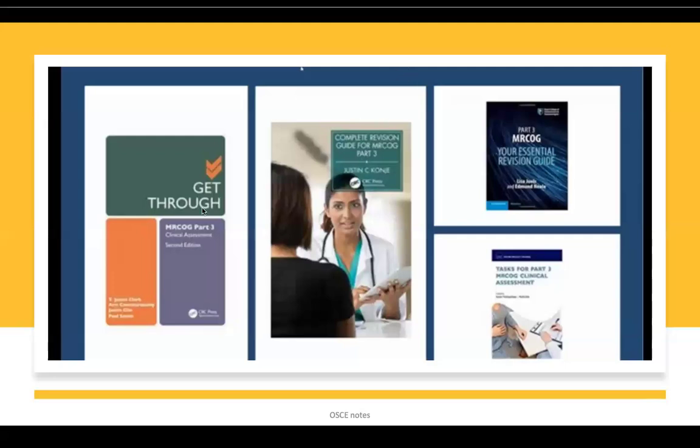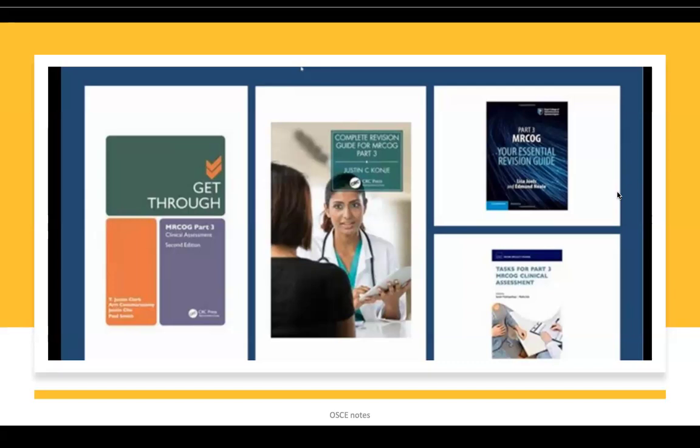And this is the example of books that we advise to start with. The Lisa book, as I told you, is very important. Some people consider it as the Bible for the Part 3 exam. And I say this is a very important step to start. I will also advise you to watch some tasks from the RCOG circuit.